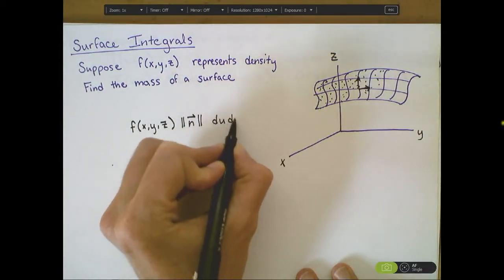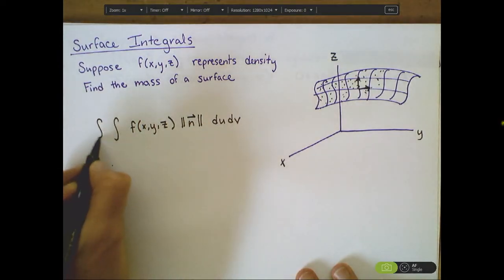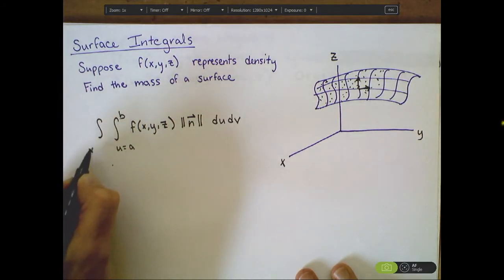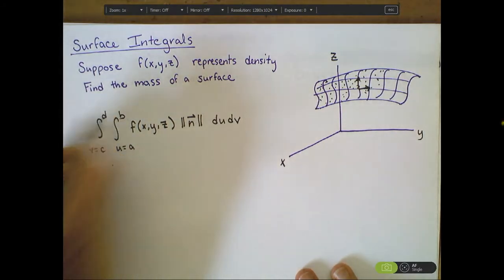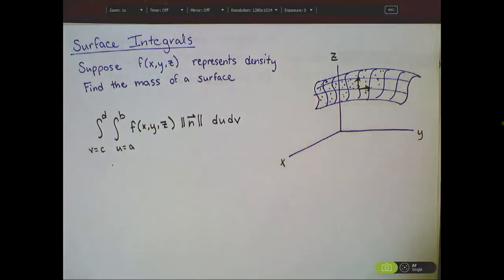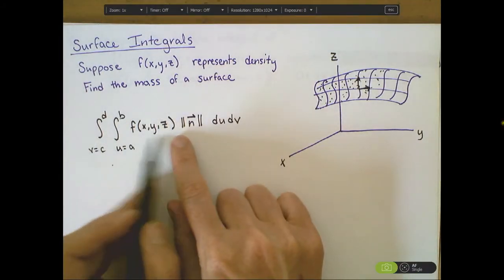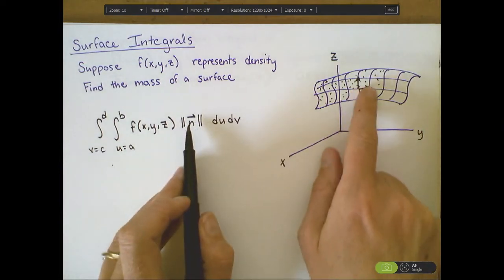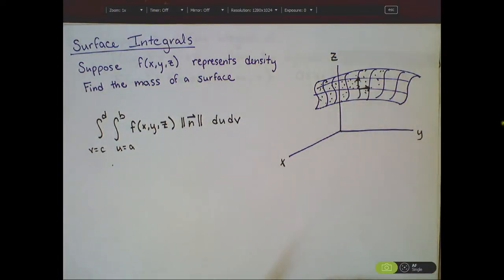Our bounds of integration are just going to be the parameter bounds. I put u on the inner side and v on the outside, just like before. So really the calculation is pretty straightforward. If I ask you to compute a surface integral, we're just integrating this function, multiplied by the area of each of these tiny little parallelograms.